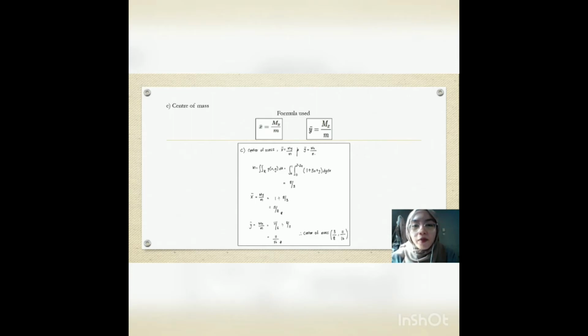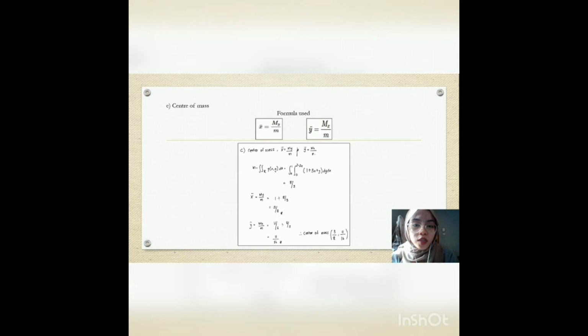Before we use the formula, we must know the value of m, which is the mass. The formula for m is the double integral of rho, the density function, dA, dy dx. In our case, the region is 0 to 2 minus 2x and 0 to 1.